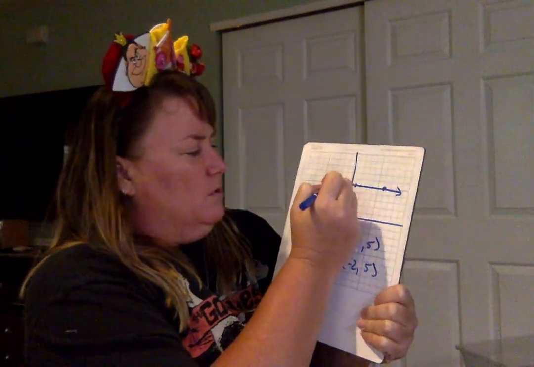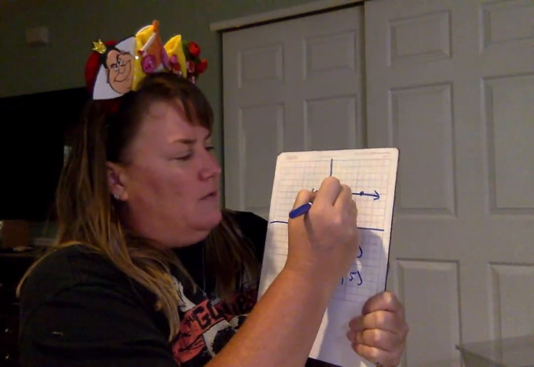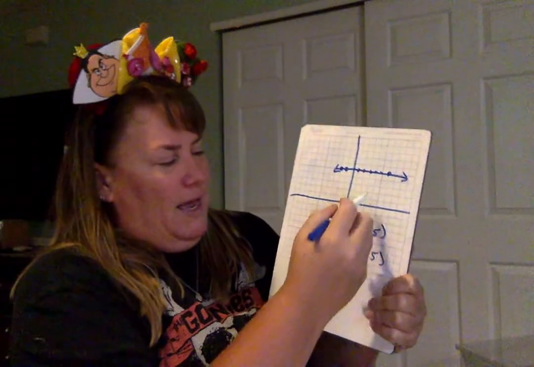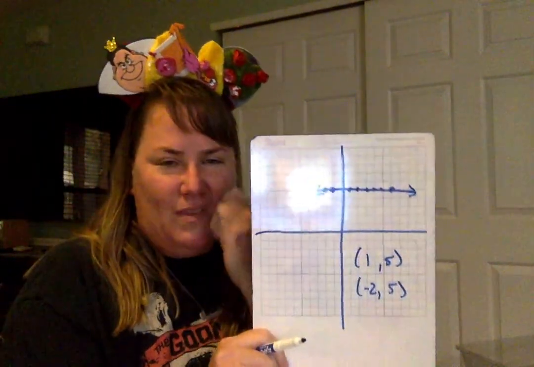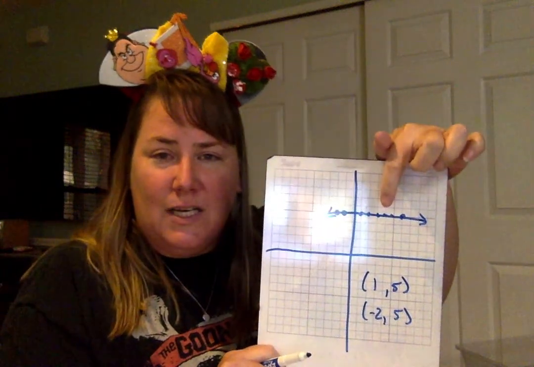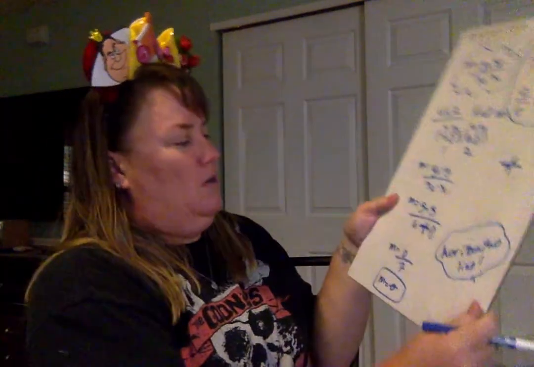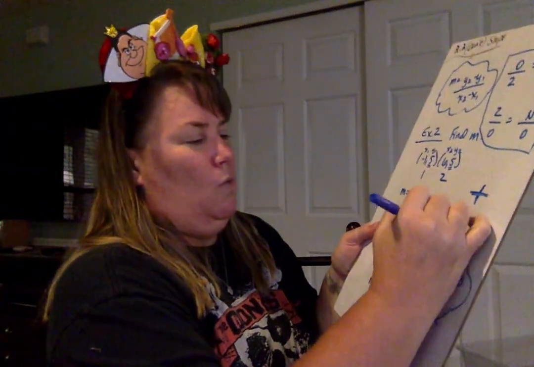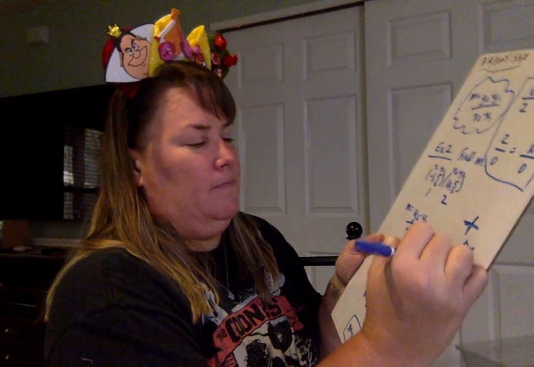If x is -2, y is 5, that would be there. So any point on this horizontal line, x is whatever it wants to be, y is still going to remain 5. So when you graph a horizontal line, all of your y's are the same. And I'm going to put that here. So horizontal line, y stays the same.